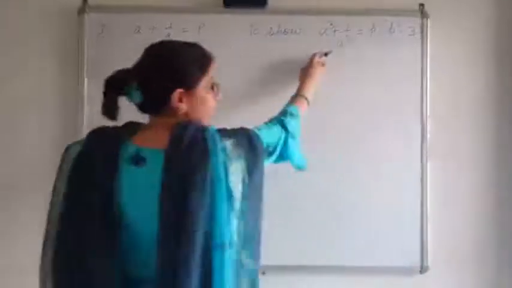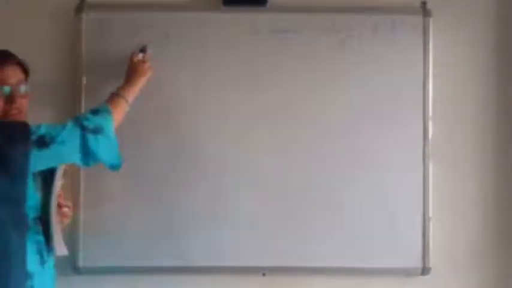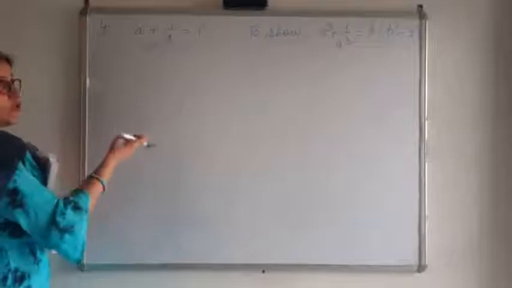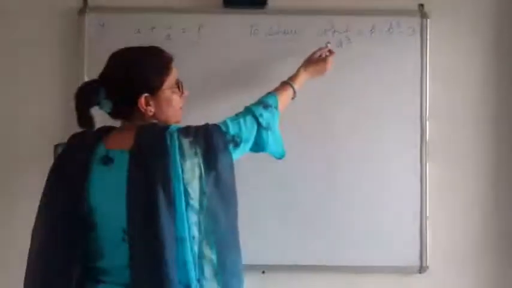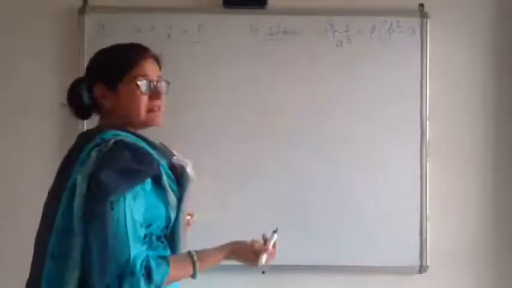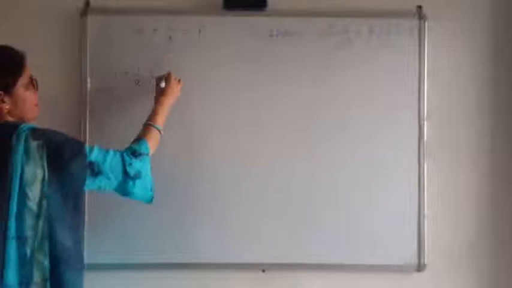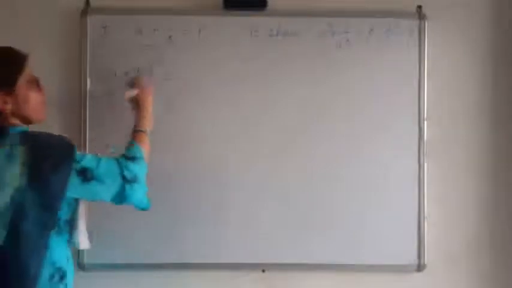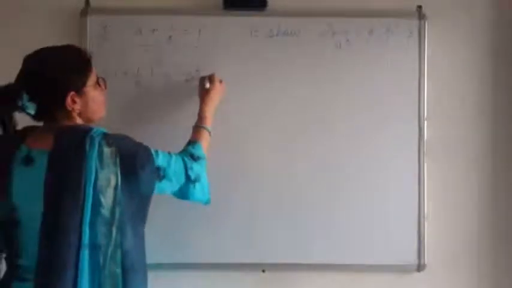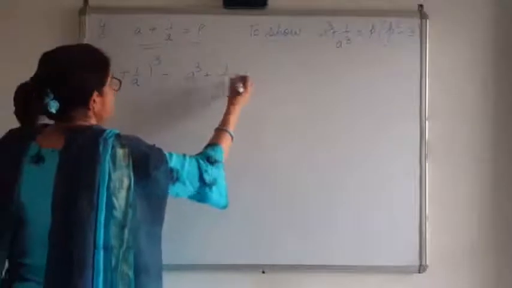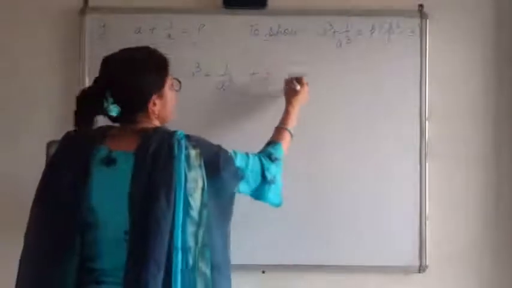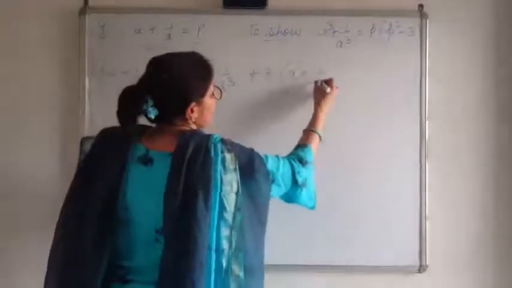We have to find the value in cube. So we will take this term and find its cube, or straightaway you can apply this identity also. Otherwise we will take a plus 1 over a and apply the cube identity here. According to this identity we get a cube plus 1 over a cube plus 3 into a plus 1 over a.